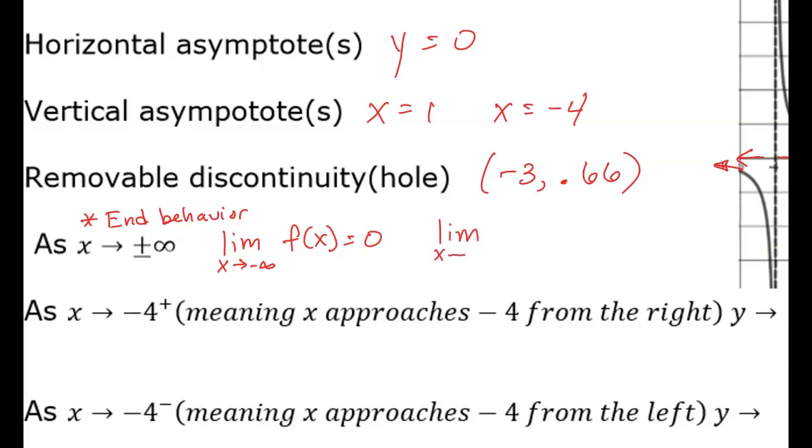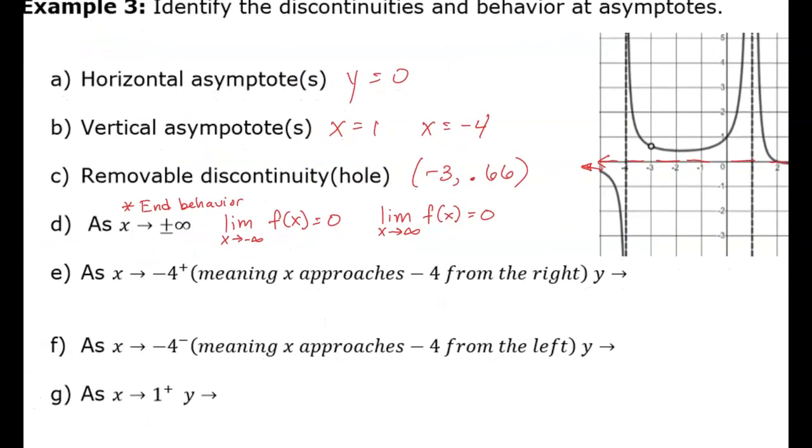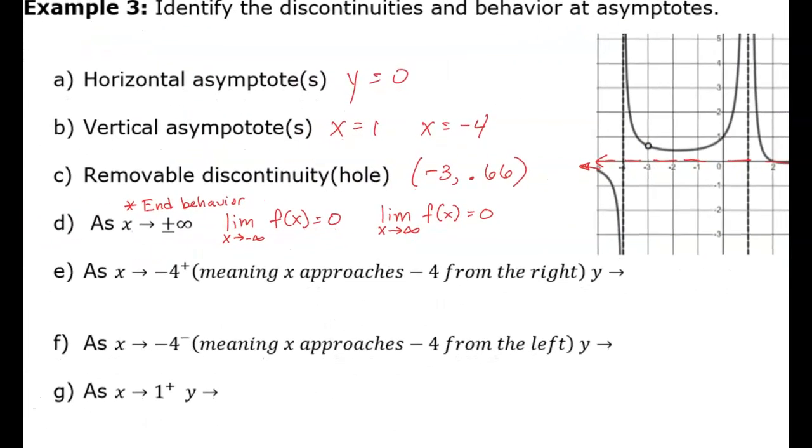Yes, x approaches positive infinity. As x approaches positive infinity, what does y approach, Ane? Yes, again, it approaches 0, so the limit of f of x is 0. None of that should be new to you.